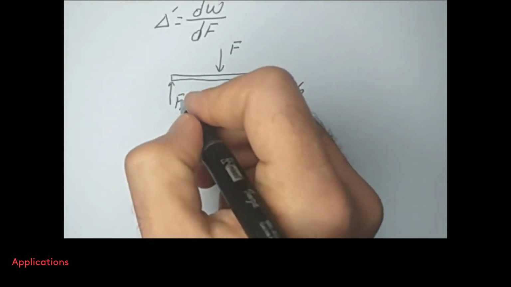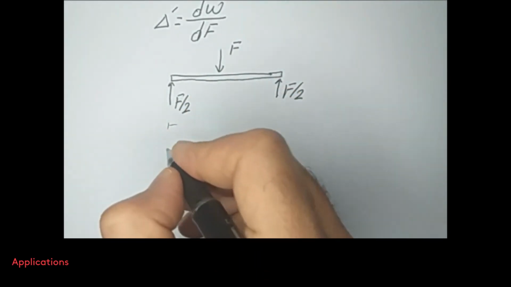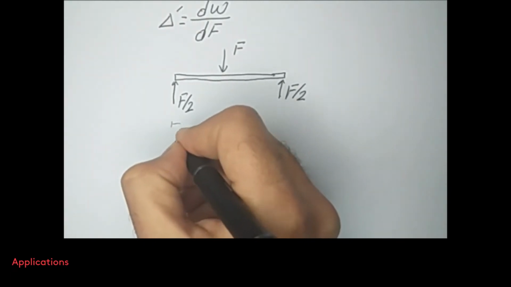So this is F divided by 2. I have V1, I have M1.